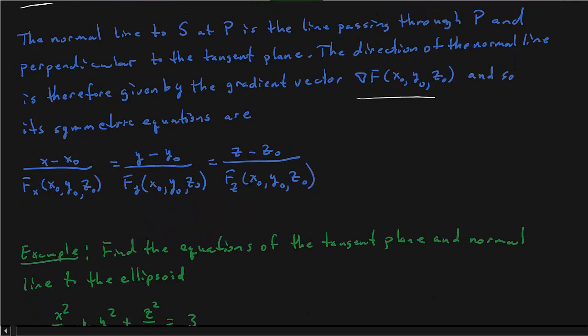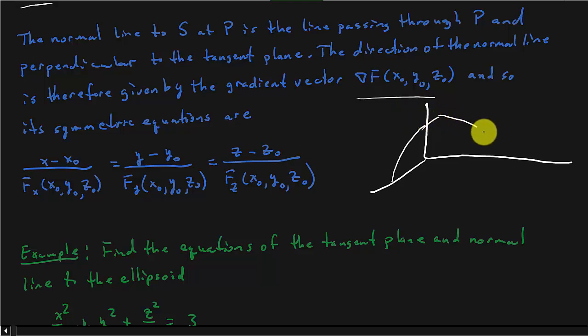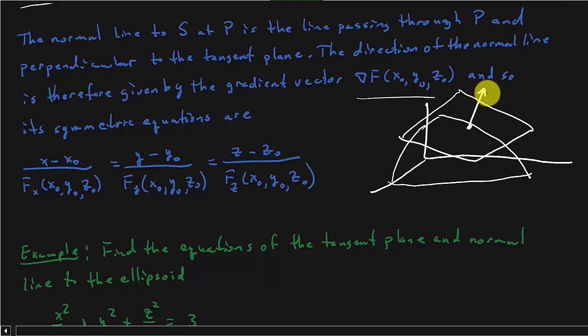So maybe I can just do a real small sketch here. Something like this. I know my drawings aren't good, but we might have some kind of surface here, and then maybe a tangent plane at some point P, and then you have your normal vector there.